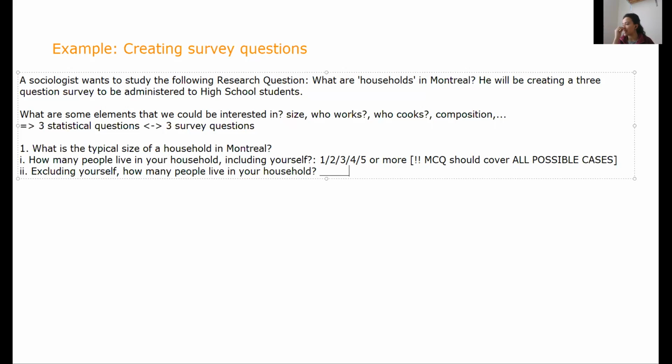So it's not a multiple choice question. It doesn't fall within a category. It will actually give me a number. So people can answer 0, 1, 2, 3, 4, or however many people aside from them live in the same household. Does this make sense for everybody? Questions?